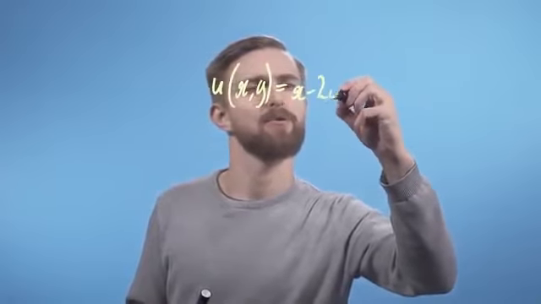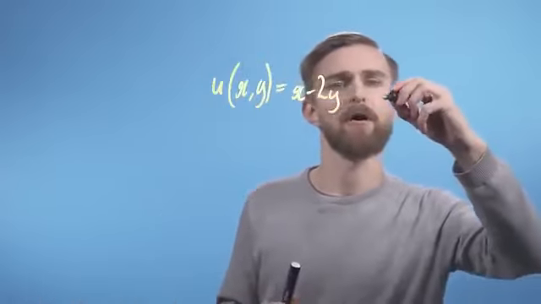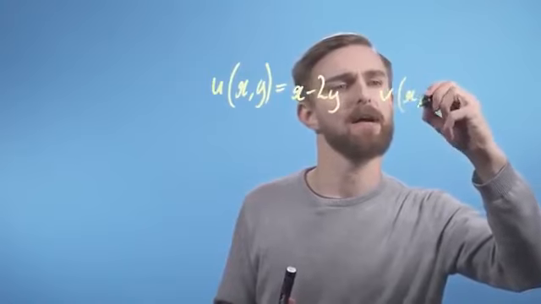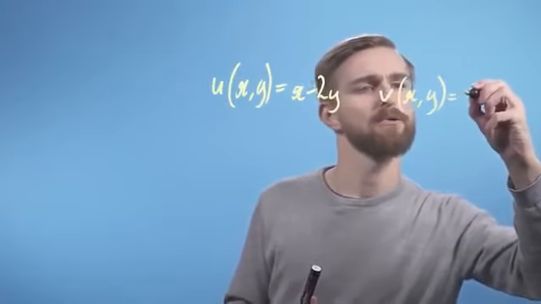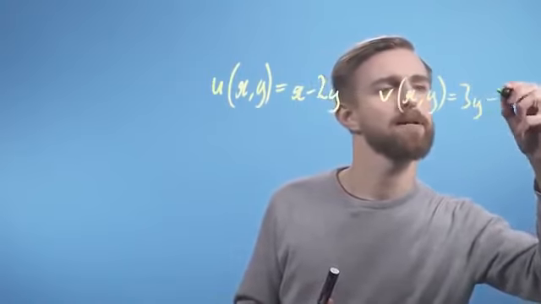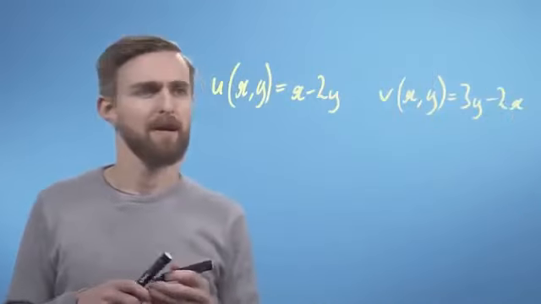So we have u of x, y equals x minus 2y, and we've also got v of x, y equals 3y minus 2x.